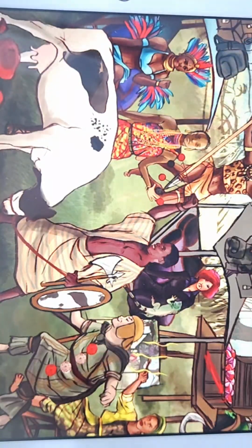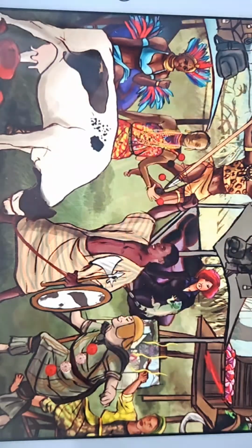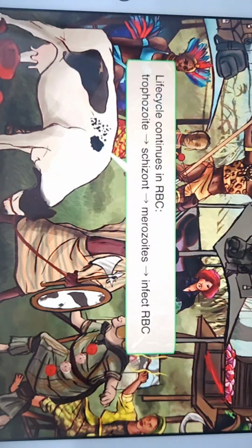Let's draw in a little burst of merozoites next to our liver spot, going toward this little round red blood cell spot. Once inside the red blood cell, the life cycle once again continues to a trophozoite form, followed by a schizont and a ruptured red blood cell, releasing merozoites that go on to infect more red blood cells.